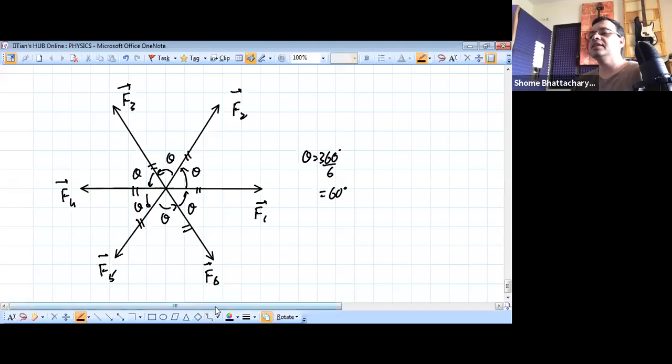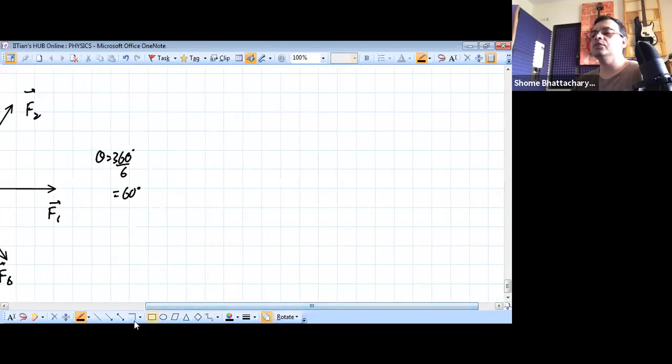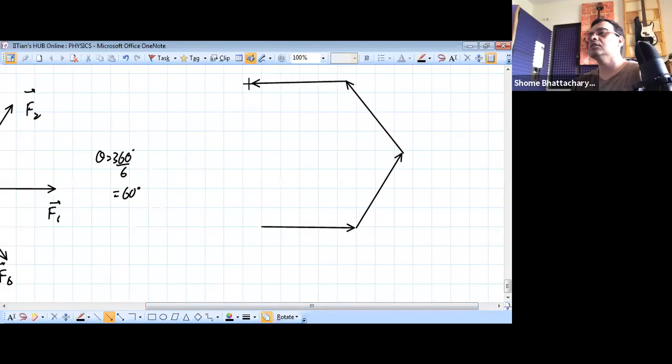Okay. Now you'll see that that corresponds exactly to the geometry of the regular hexagon. Because the regular hexagon exactly consists of these 6 vectors.